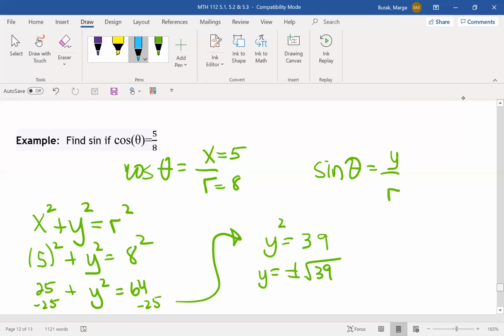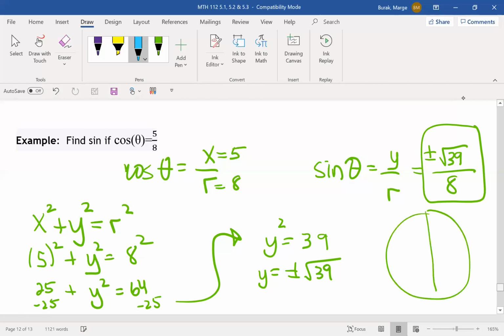Okay, so the sine is going to be plus or minus the square root of 39 over 8, because it's y over r. And if the angle was in quadrant 1, it would be a positive radical 39 over 8. And if the angle was in quadrant 2, it would also be a positive radical 39 over 8.